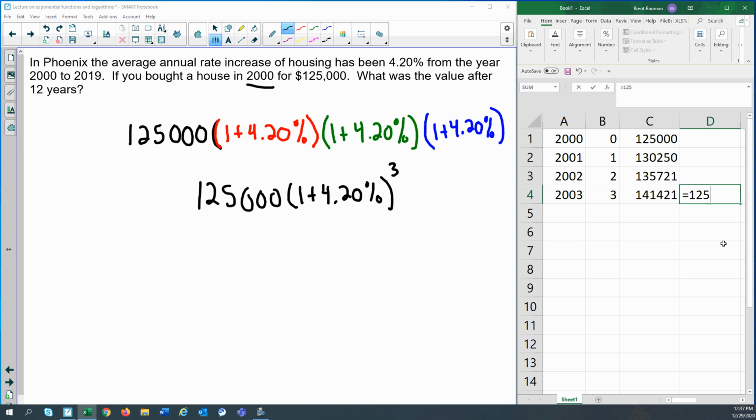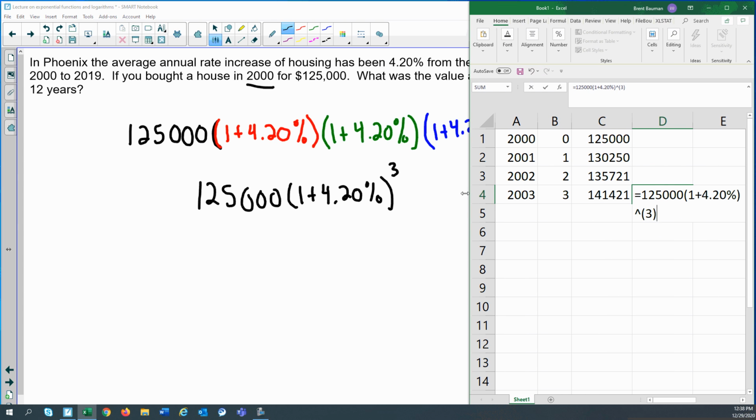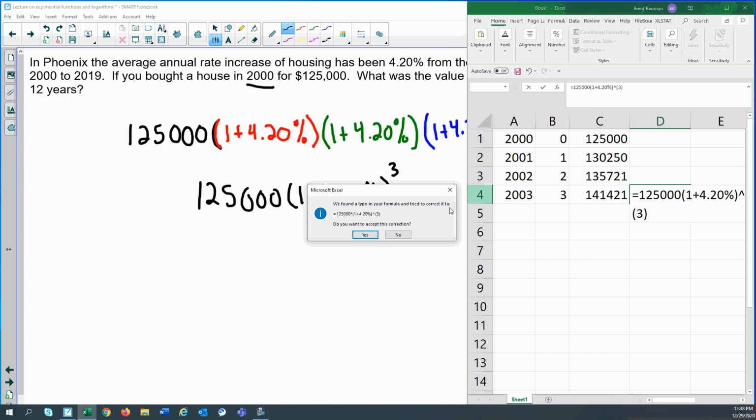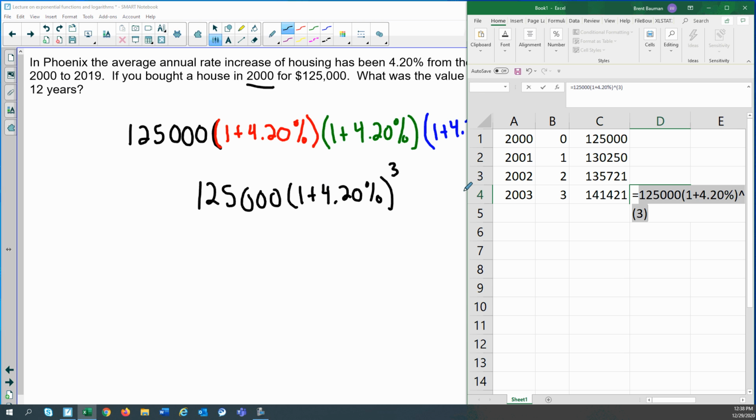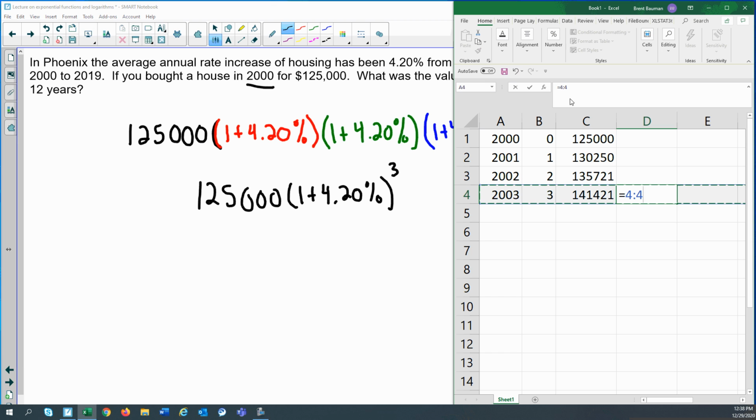Equals 125,000, parentheses, 1 plus 4.20%, and we're going to raise it to an exponent of 3. Try to move it over a little bit for you.